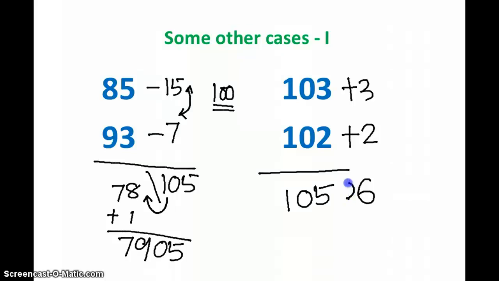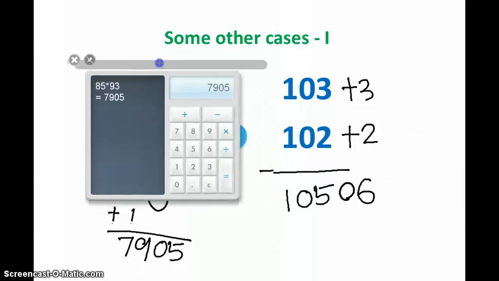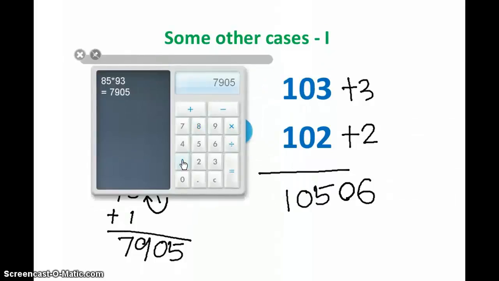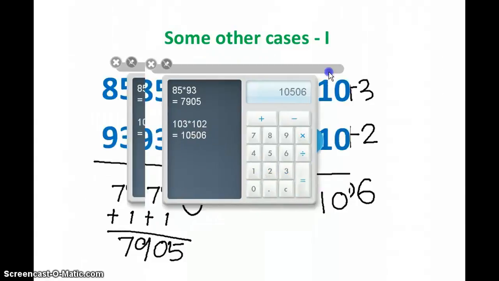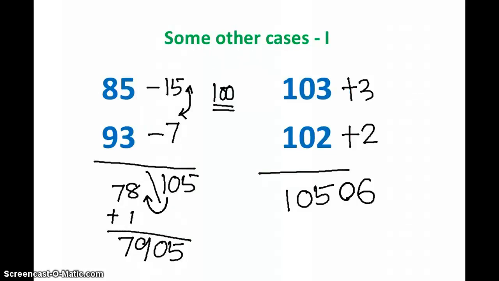So we should put a 0 before it, and the answer is 10506. Let's check: 103 into 102 gives 10506. So this is quite simple, and with a little modification we get the same result in very little time.